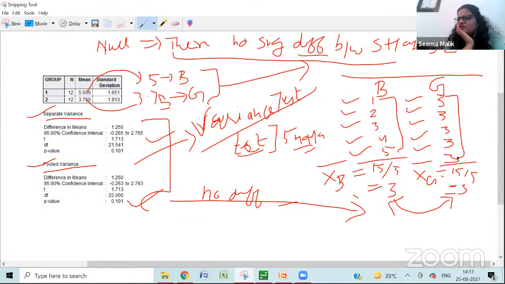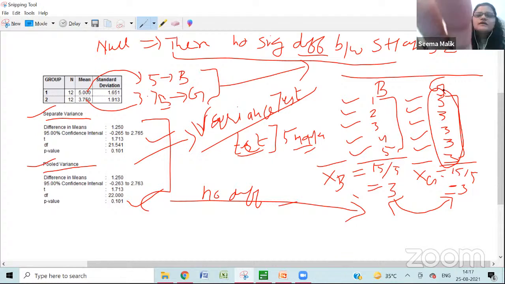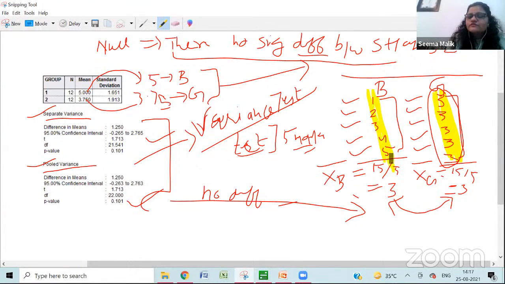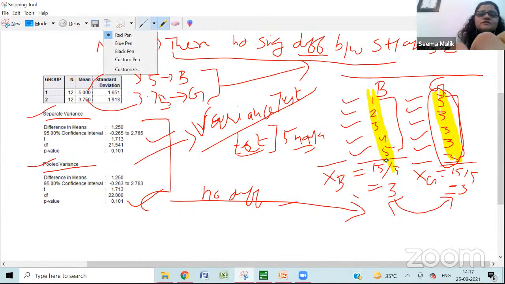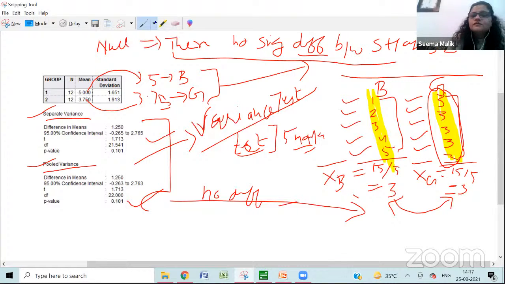We cannot conclude that both are the same. I repeat, there are no variations in the girls' performance and there are variations in the boys' performance. It means their standard deviation is 0, variance is 0, and here variance has some value like 1.37, suppose.